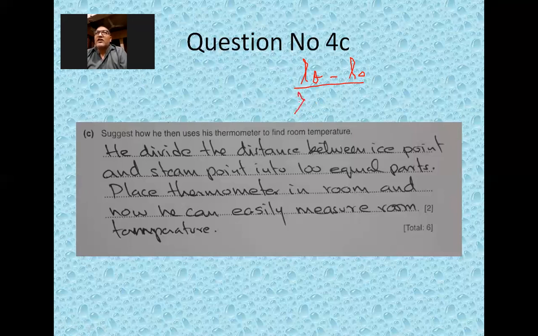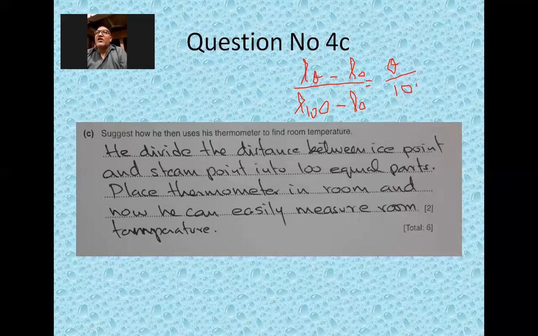And then downstairs you have L100 minus L naught. L100 means the length of the mercury when the temperature is 100, and L naught means the length of the mercury when the temperature is 0. So here we will have theta by 100.